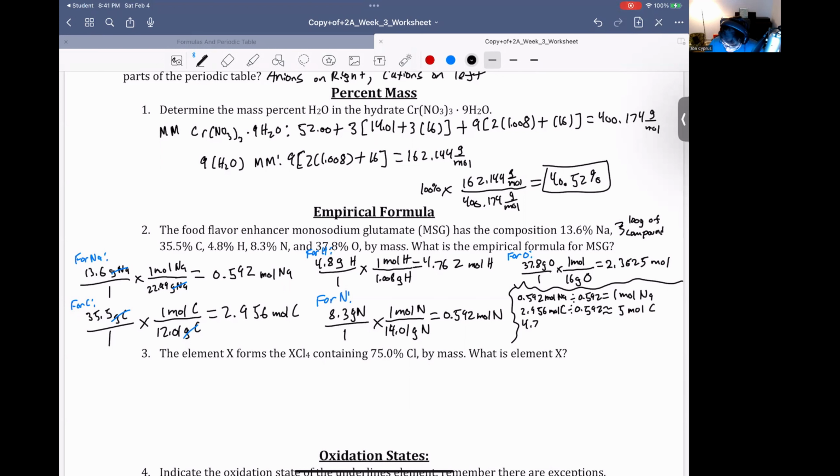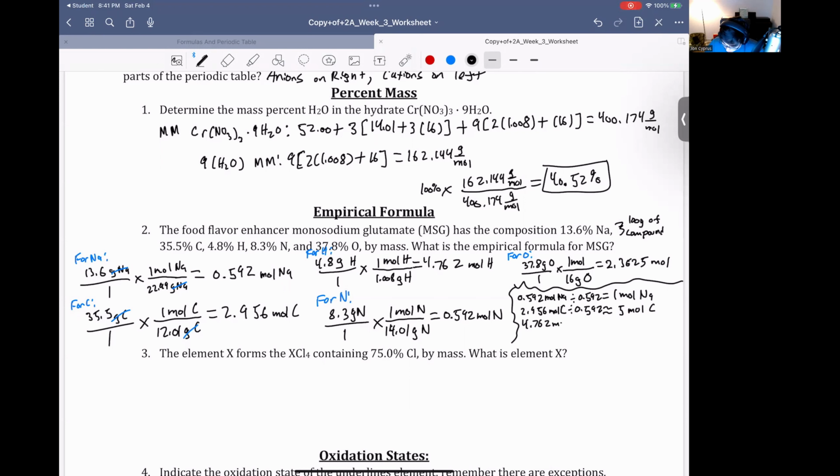Next, we have 4.762 moles of hydrogen. We take that, and this is about 8 moles of hydrogen. Now I have to do nitrogen.